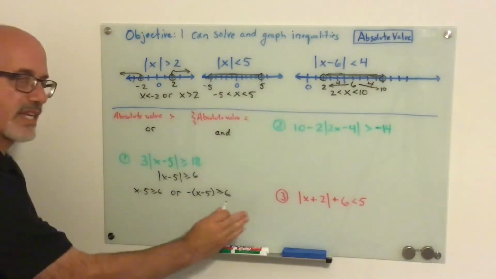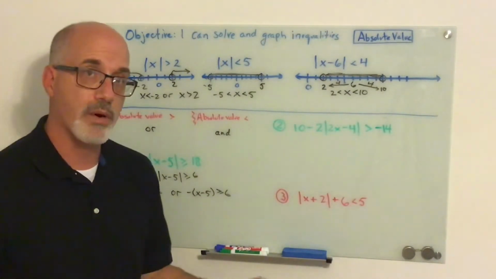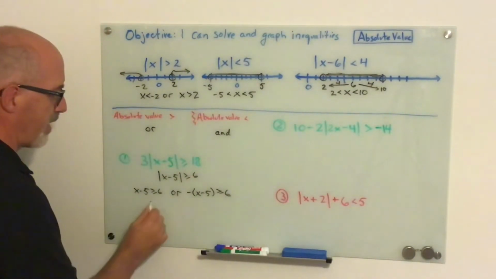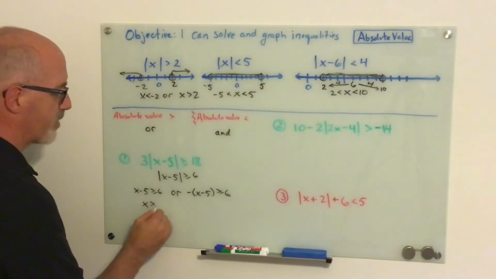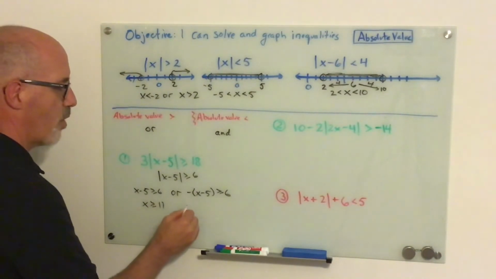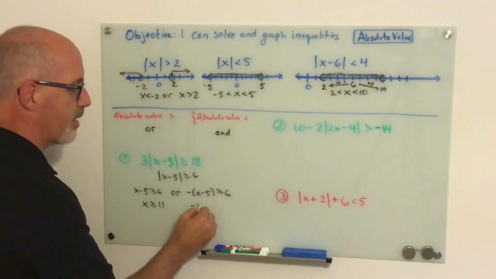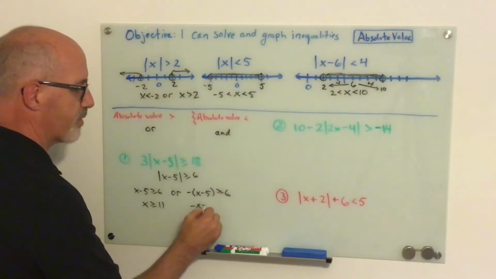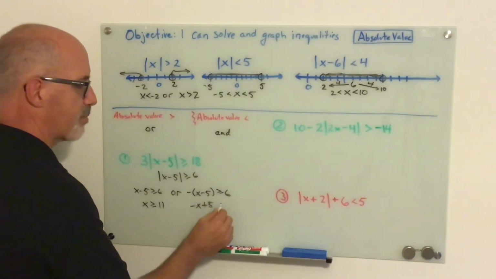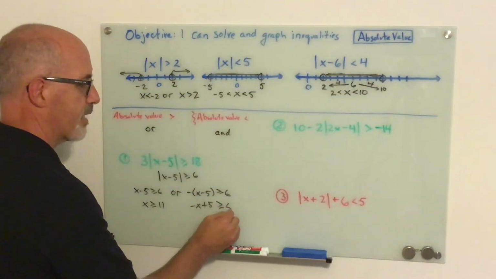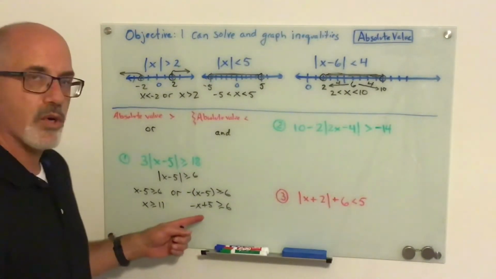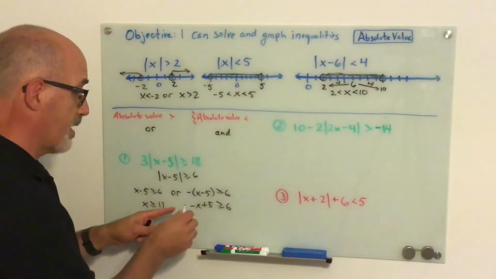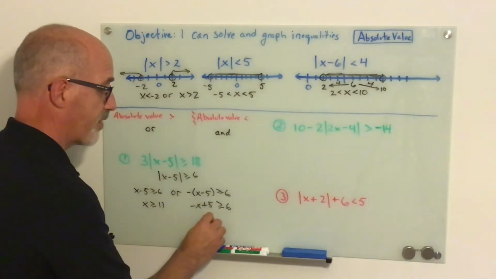We now solve each of our two cases with the or, meaning we're going to take the union of the answers. Add 5 to both sides, get x is greater than or equal to 11. Or, here I'm going to distribute through the negative, so I get the opposite of x plus 5 greater than or equal to 6. I'm going to solve it by subtracting 5 first.